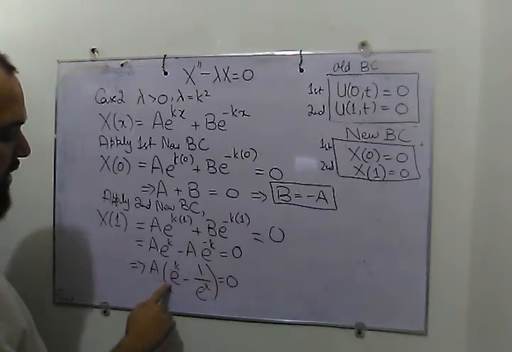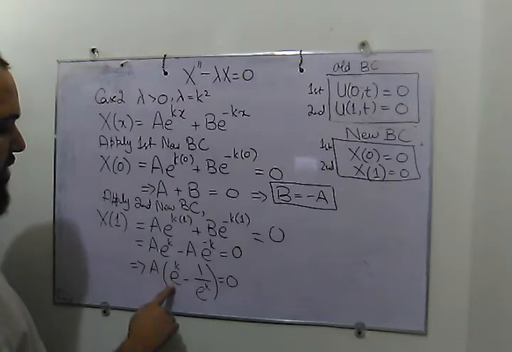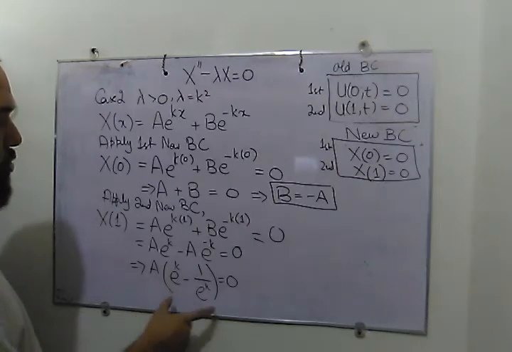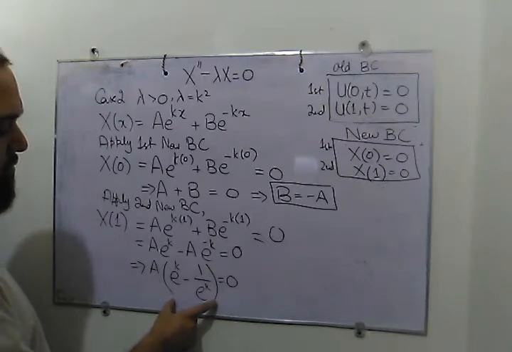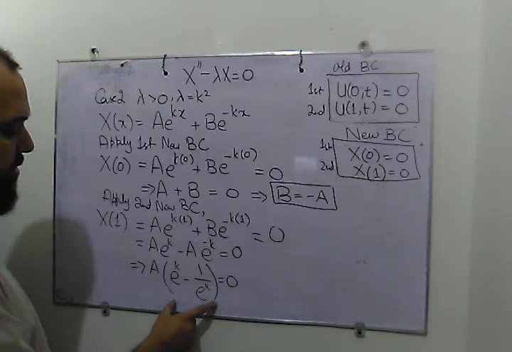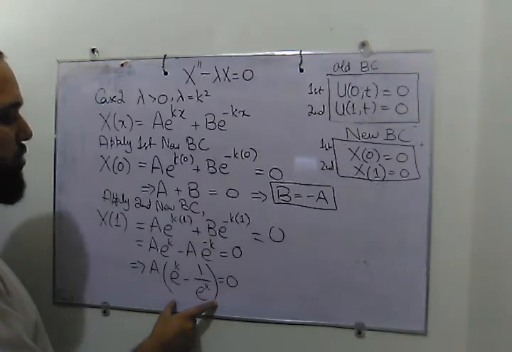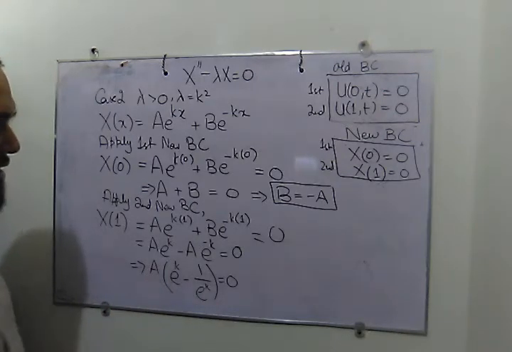And e exponential k is a positive term, so if you subtract from it something less than that term, this bracket cannot be 0. It is always greater than 0, or positive. This leaves us no choice but to consider a is equal to 0.